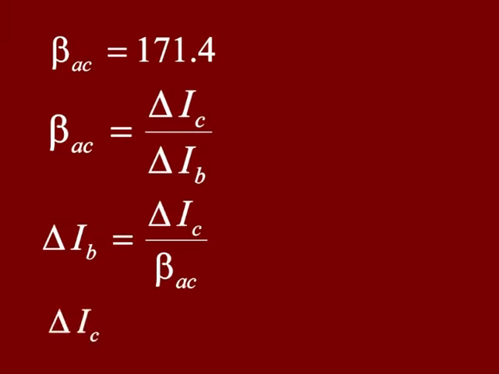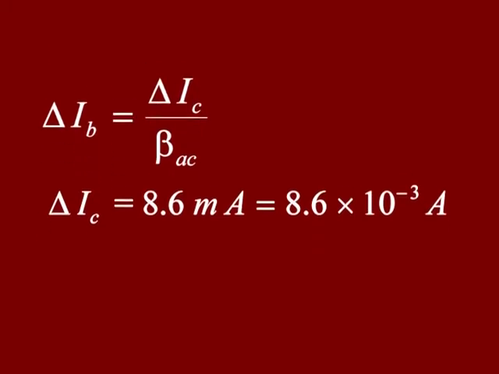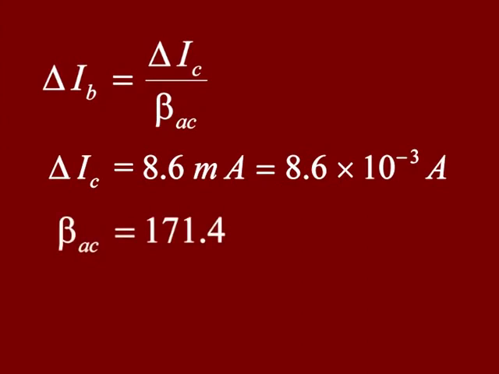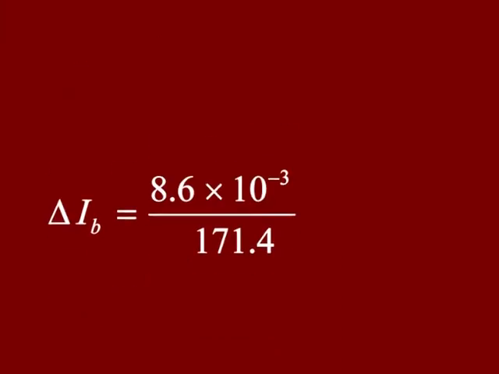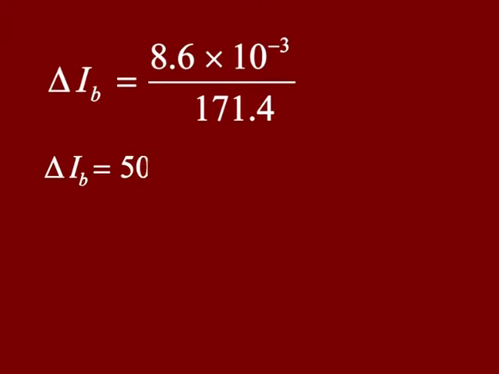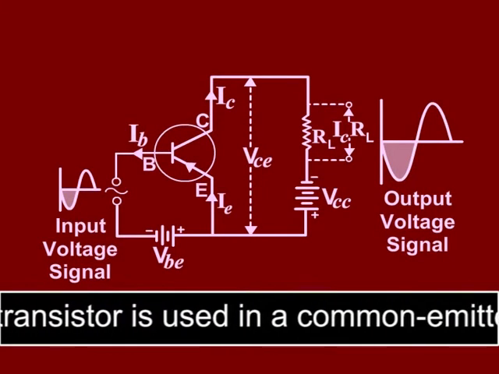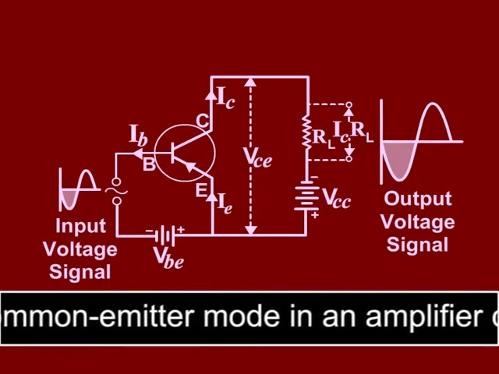Since delta IC is equal to 8.6 milliampere or 8.6 into 10 raised to the power minus 3 ampere, and beta AC is equal to 171.4, we have delta IB equal to 8.6 into 10 raised to the power minus 3 upon 171.4, or delta IB is equal to 50.17 into 10 raised to the power minus 6 ampere or 50.17 microampere.